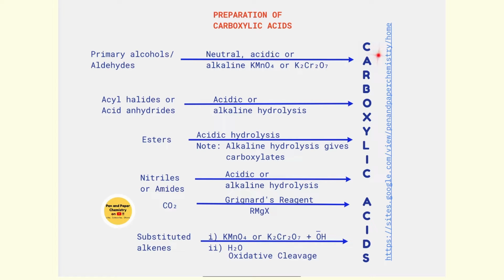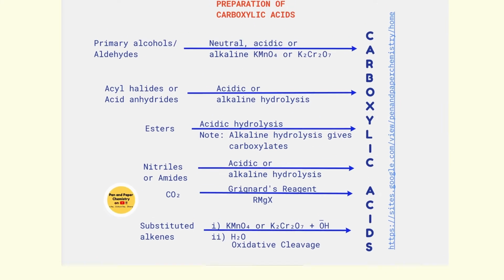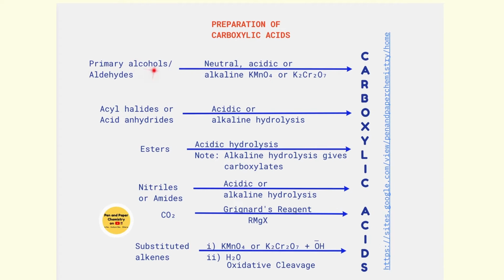That means this part of the flow chart indicates preparation of carboxylic acids by various methods. Alcohols, aldehydes and acid derivatives all can be converted into carboxylic acids by various methods. We are going to start with the first one, that is conversion of alcohols and aldehydes to carboxylic acids.